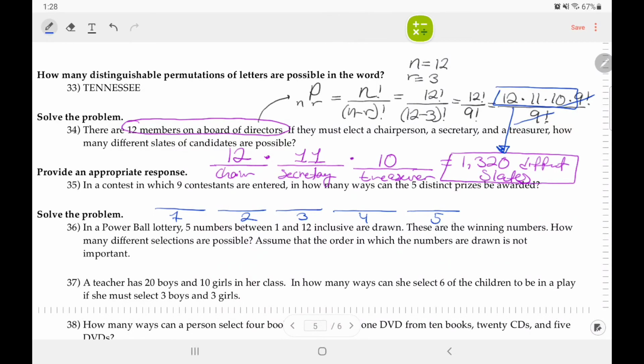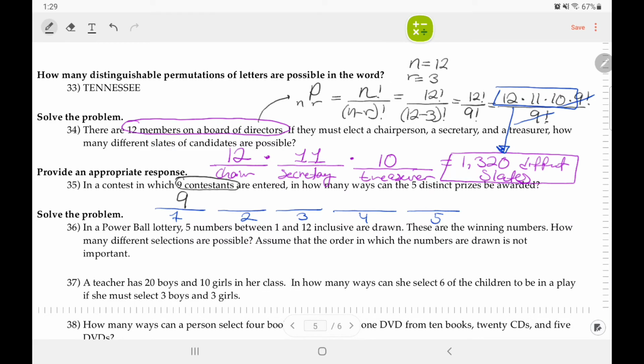I'm going to do the fundamental counting principle for this case. And if you want to, you can do the permutation by hand. But after that, I'm going to do the permutation on a TI-83 calculator. We have a total of 9 contestants, which means 9 contestants can take the first prize.